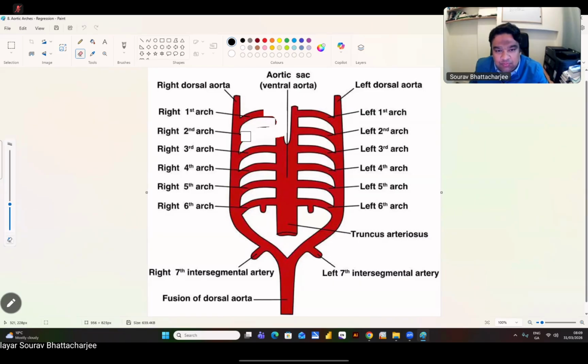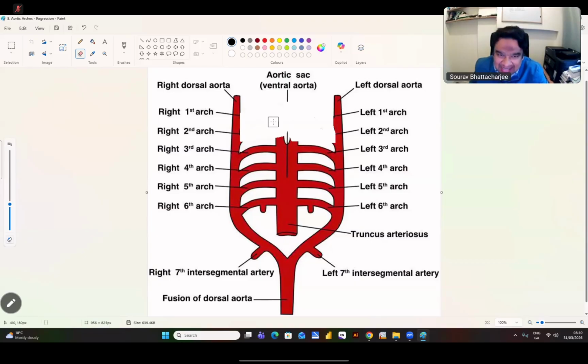I hope you can see my eraser. I'm erasing them because they will just plain and simple disappear. So the first and second aortic arches will disappear.